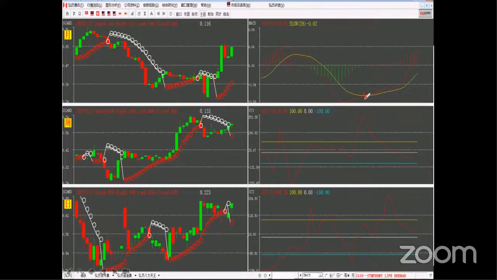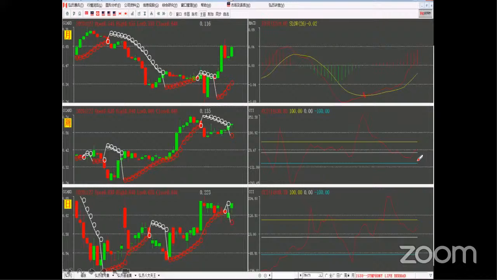From here, we can see MACD has already formed a bullish pattern, right? The fast line has already broken upward through the slow line, and both lines turn upwards. So it's a bullish pattern, which means the long term is already in an uptrend. It's in an uptrend now.